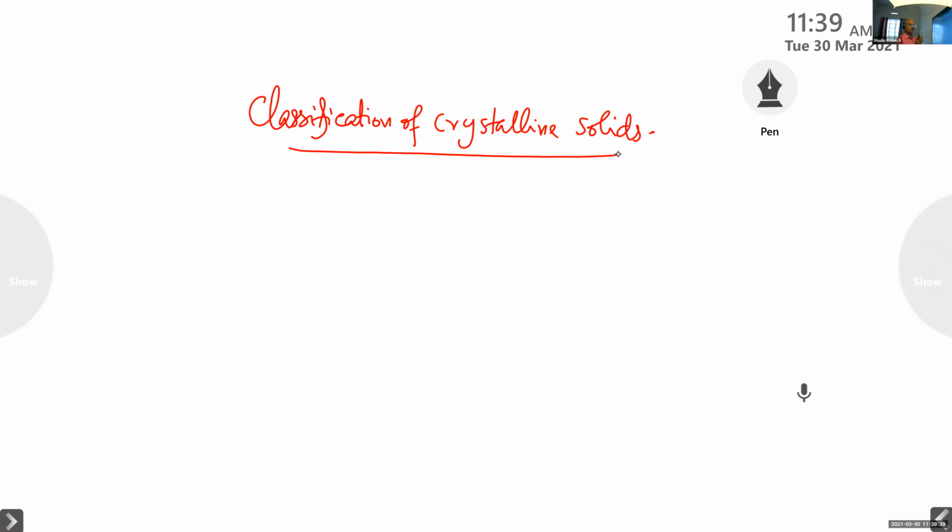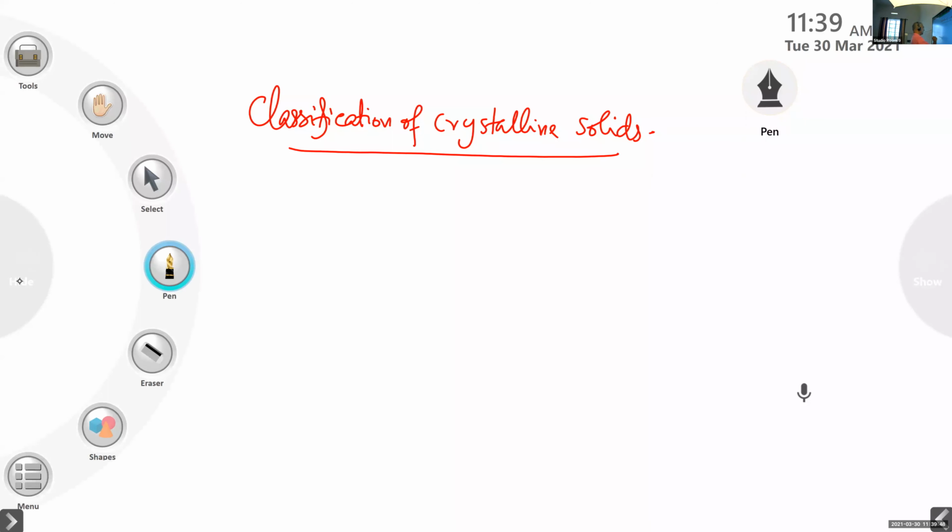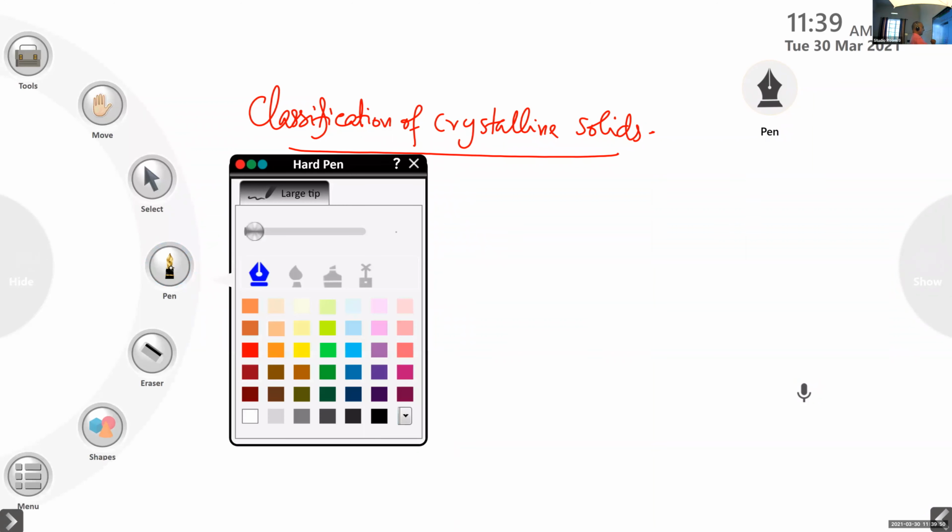Based on their nature, we can classify crystalline solids into 4 types. Let us see one by one. Write the heading: classification of crystalline solids.